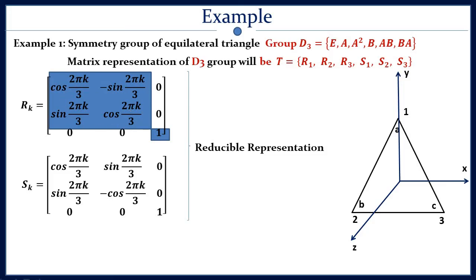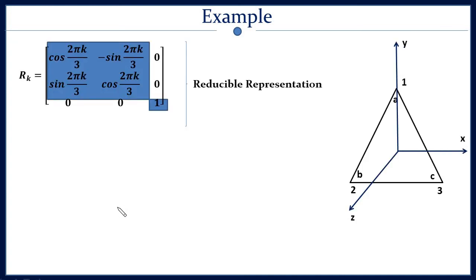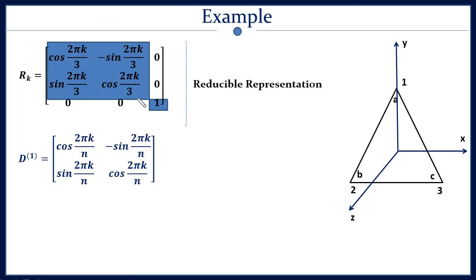This is D1, this is D2, this is X. Similarly, look here: this is D1, this is the null matrix, this is D2, this is X. So this is the reducible representation, and its corresponding irreducible representation will look like this: D1, D2. So this is the irreducible representation and this is the reducible representation of the D3 group.